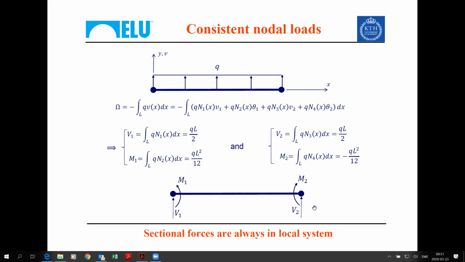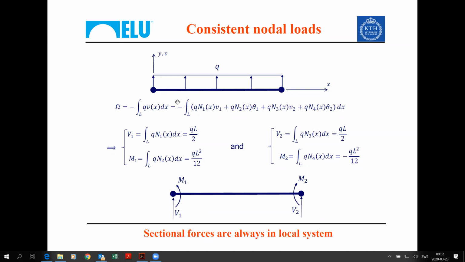Once again, what you should recall here is the idea that consistent nodal loadings are both statically equivalent and energetically equivalent to the applied distributed force. So here is the energy equivalence, if you want.